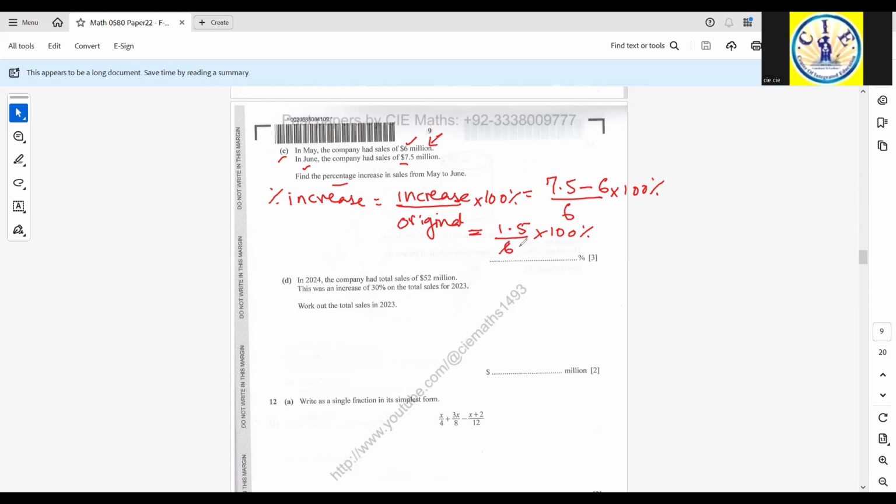Simplifying it further, I need to cancel out the decimal of 1.5 for an easy calculation.